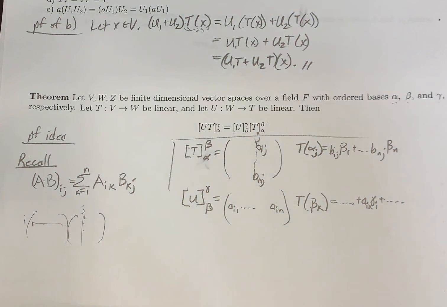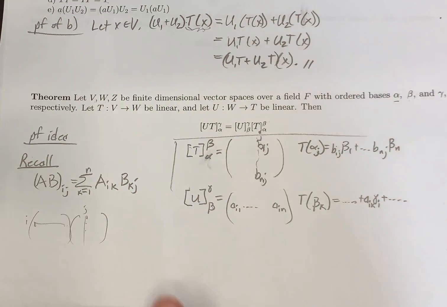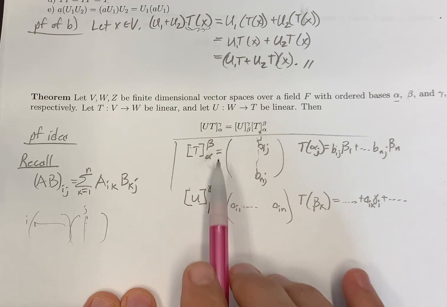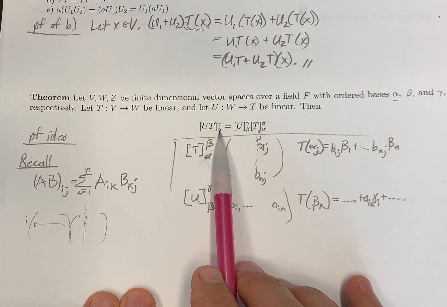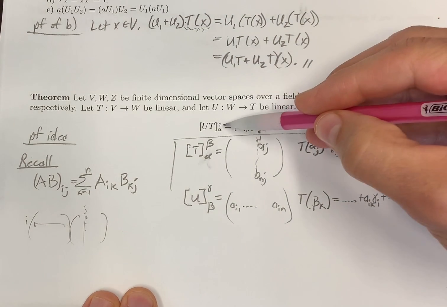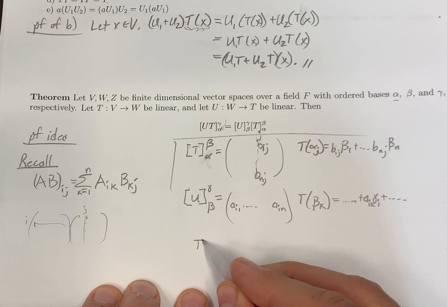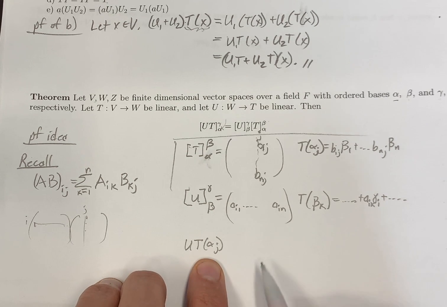So what happens if you multiply these matrices together? Well, so think about that. What you've got over here is you want to know what is the output of UT on alpha j, right?